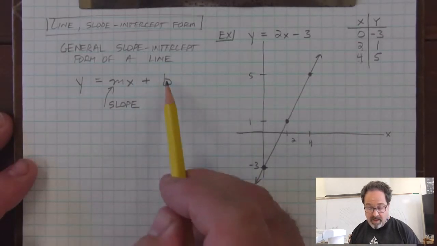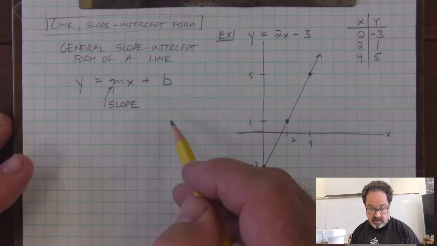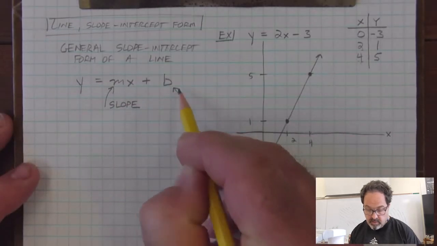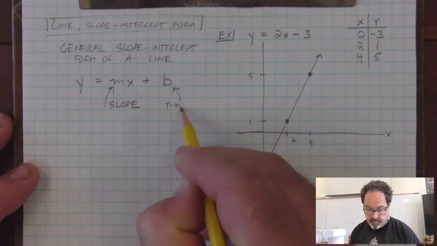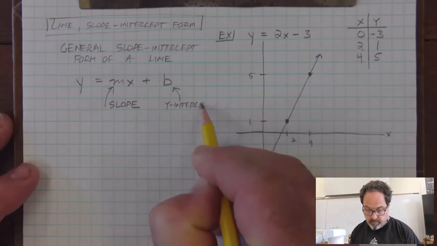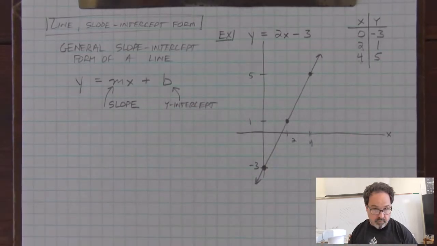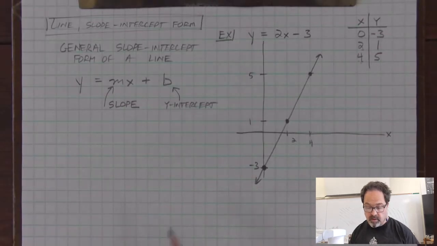This value that we add to the term that has x in it is the y-intercept. The word intercept is kind of like another word for intersect or intersection. So the y-intercept is literally the place on the y-axis where the graph of the line will cross, intersect, or intercept the y-axis.